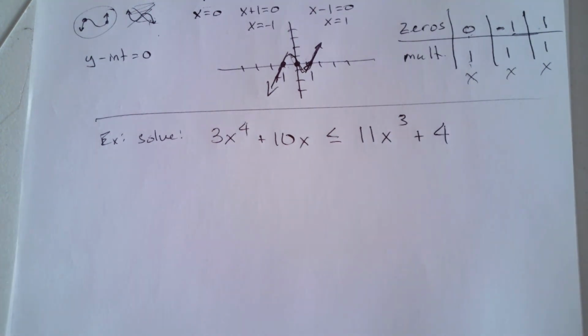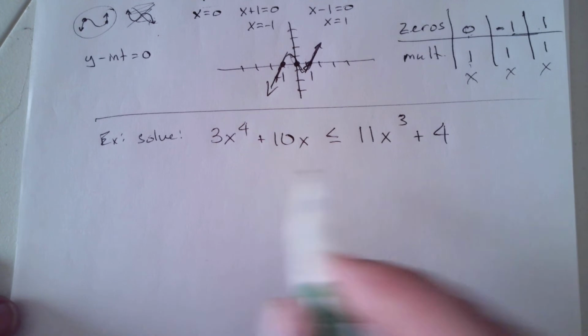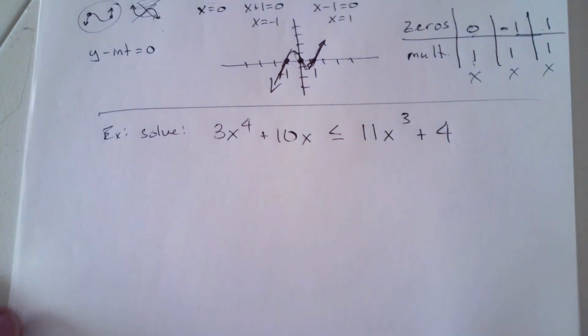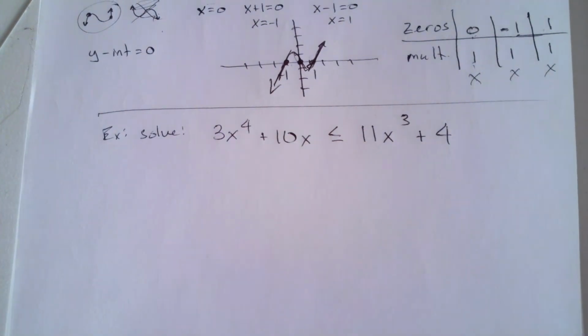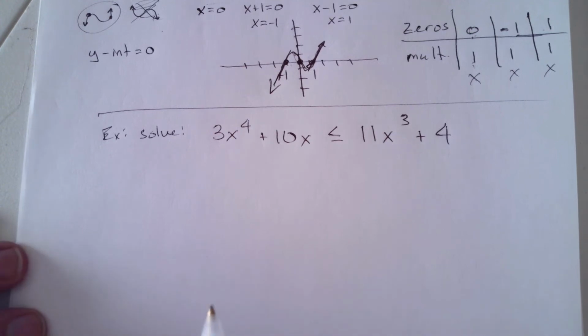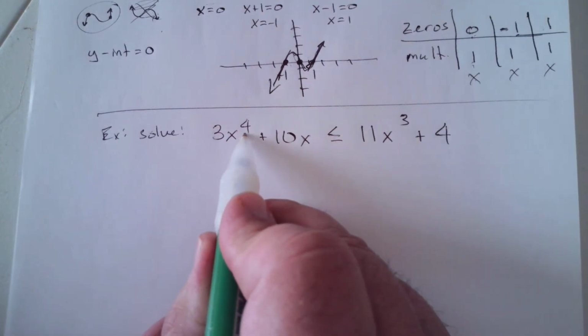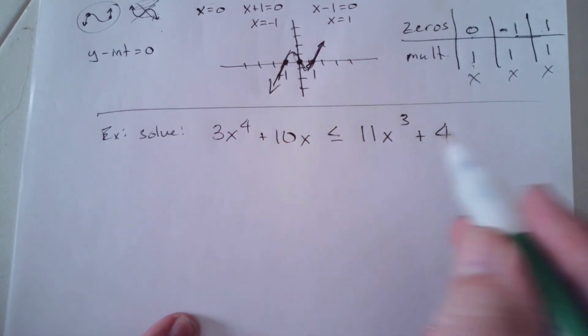So what's the first thing we have to do? It has to have a 0 on one side. Since that's the 4th power, that's the 3rd, these guys have to move over there.